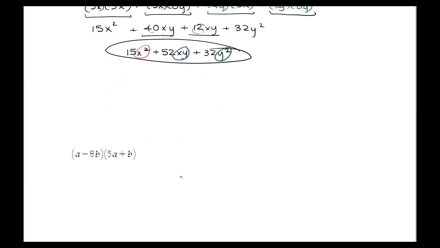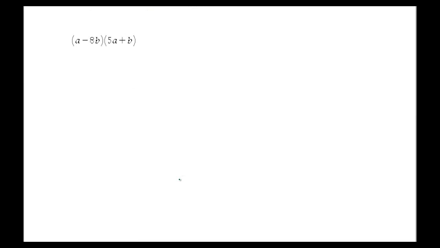Okay, let's just try one more. Again, I'm going to take my first term of my first binomial, so I have an a times a 5a, and then I'm going to do the same thing here. I have plus my a times a b.